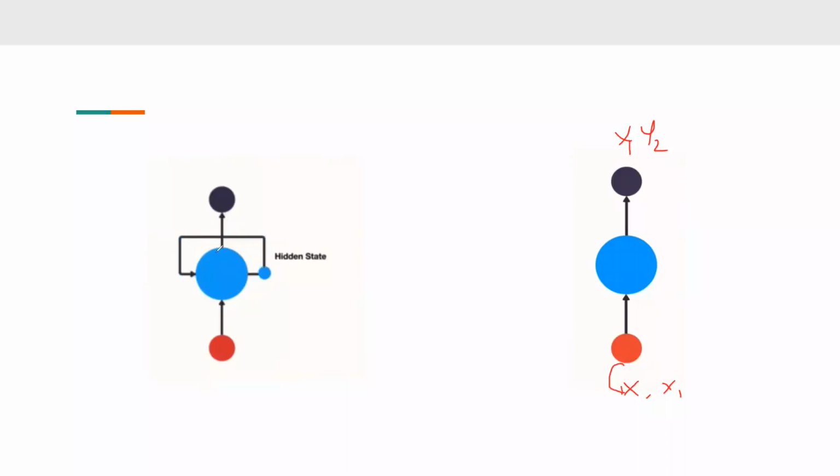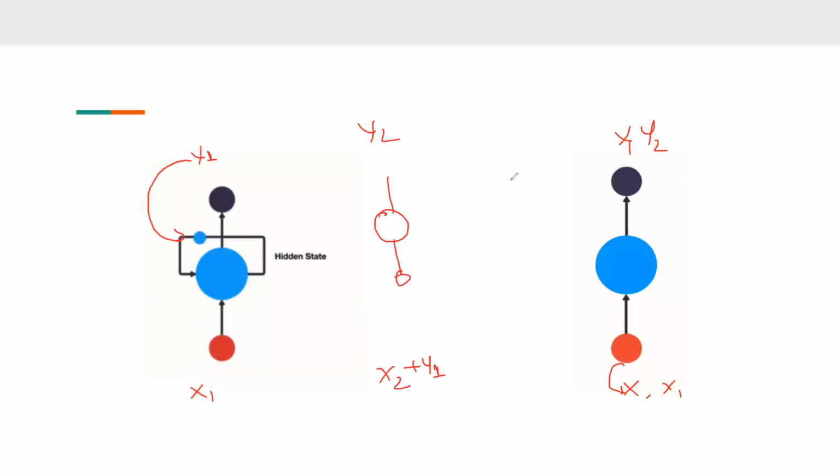But here, if you pass X1 as input, after it predicts something like Y1, this Y1 it passes again as input to the next cell. If I pass X2 here, with X2 it will also pass the Y1 from the previous output, plus Y1, it will give me Y2.